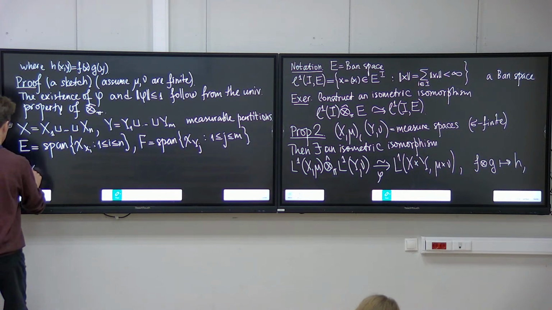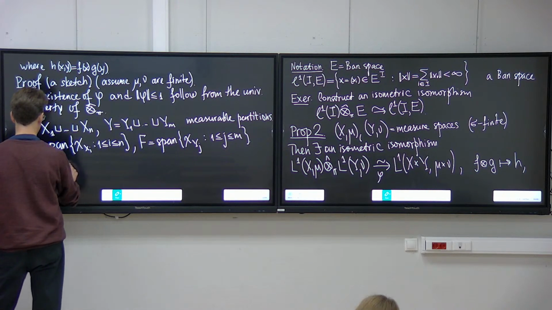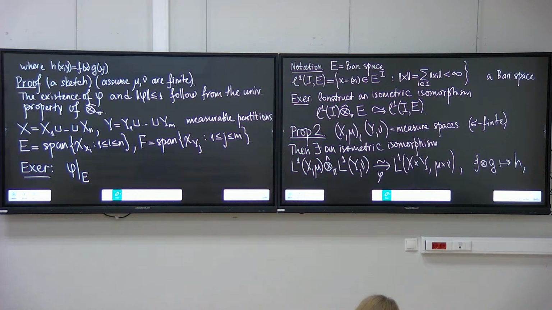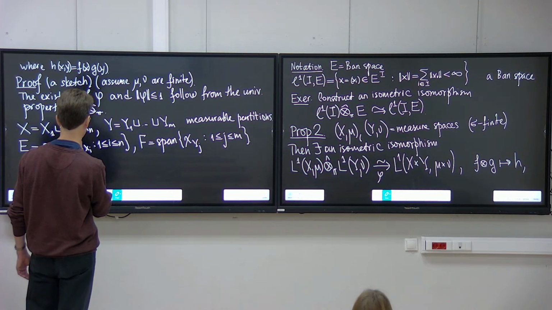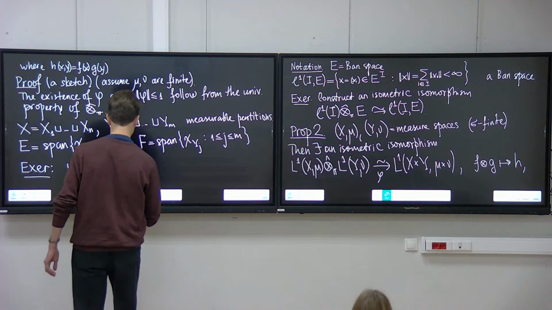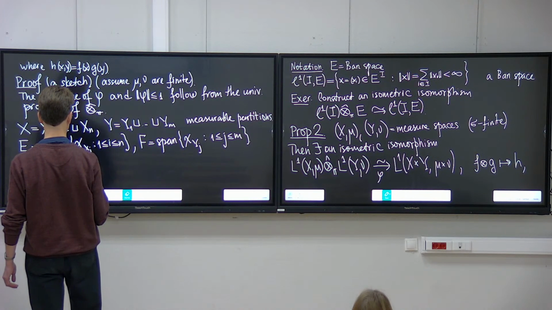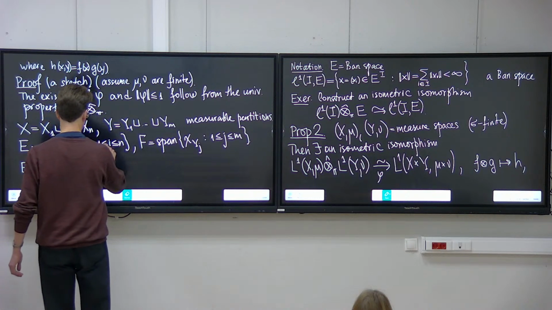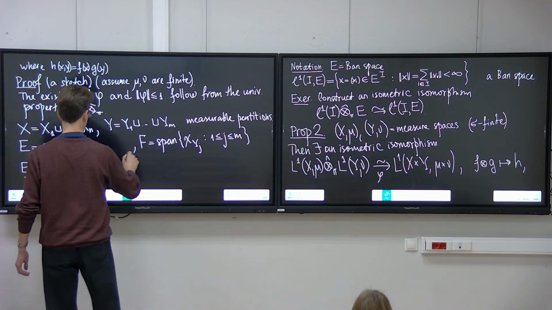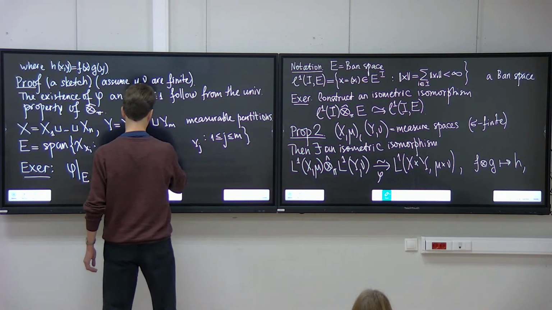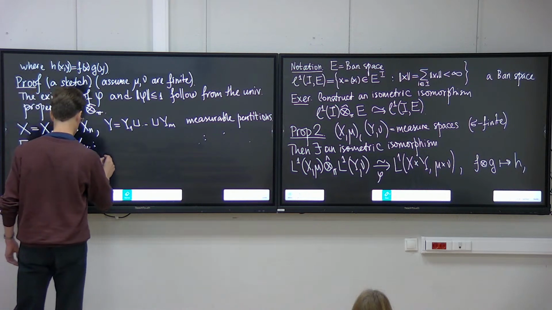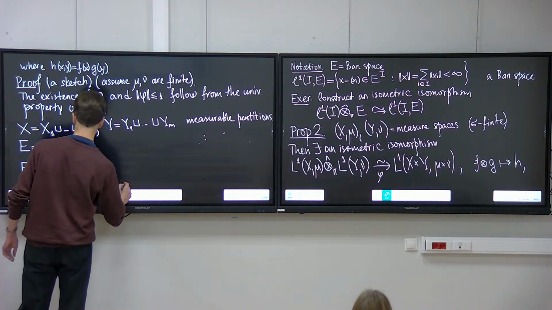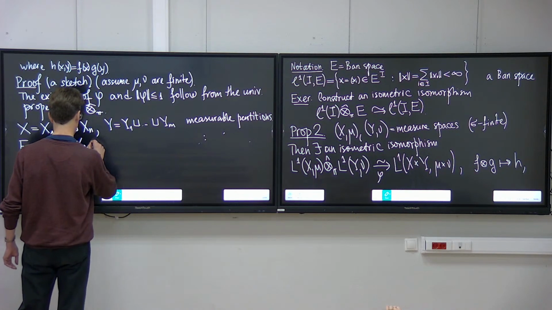Now, a simple exercise is to show that if we restrict phi to E. Sorry, I'd like to slightly change my notation, because let's consider a similar subspace, but in the projective tensor product, which consists of all elementary tensors of the following form.